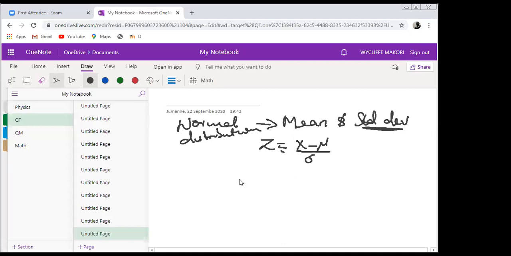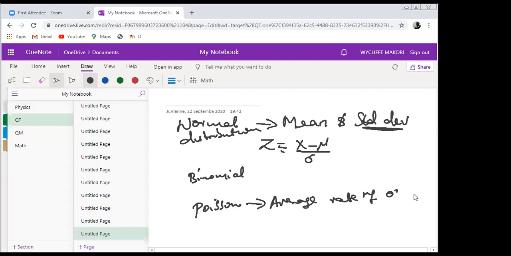Number two, if you go to the binomial, and now the other one is Poisson, you might wonder which one is which. In the Poisson, you will be given the average rate of occurrence.